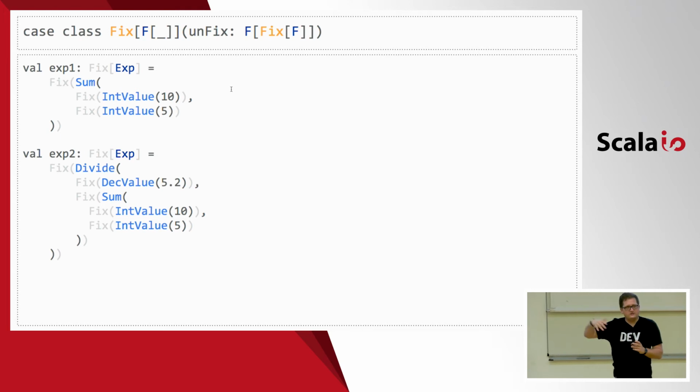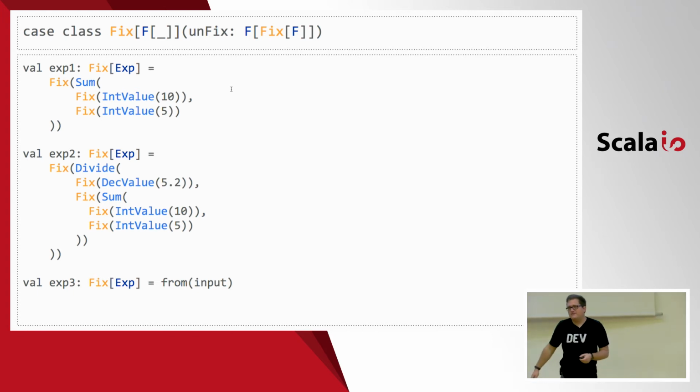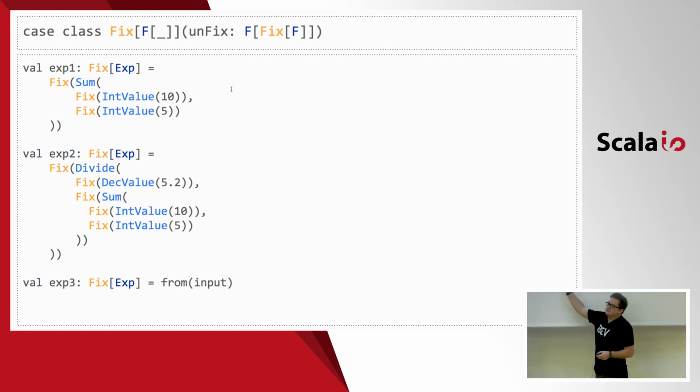And we can create as many arbitrary Fixes as we want, even for our parsing function that we had in a previous example, because in the type definition, we kill this recursion. We just say Fix of expression, and that's it.